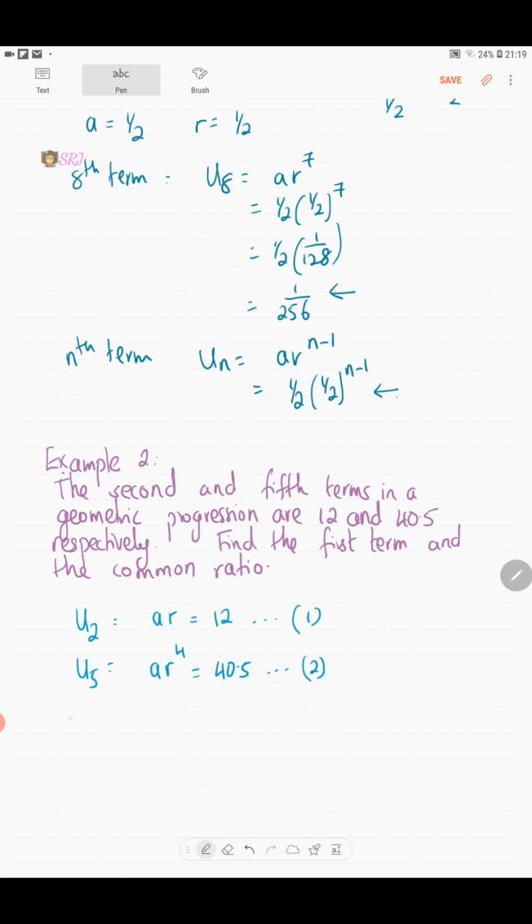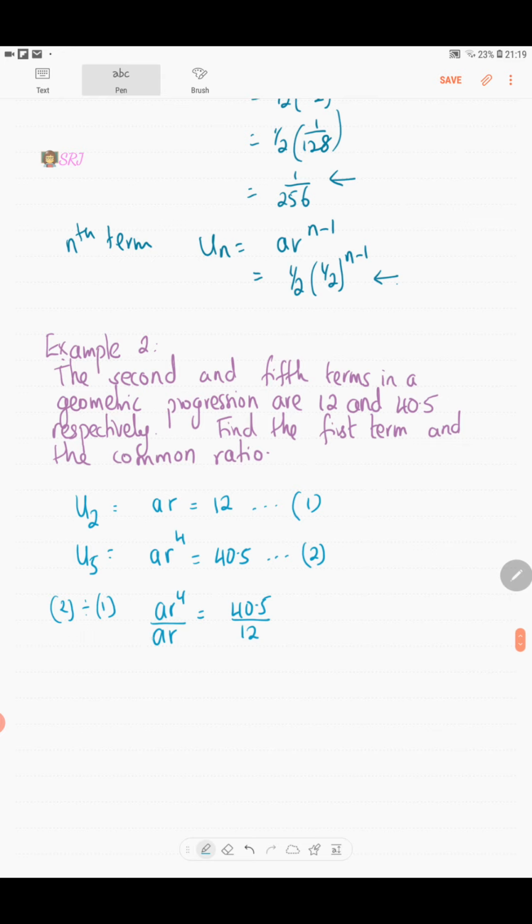So here we can take the second equation and divide by the first one. This gives ar^4 over ar, and here we have 40.5 over 12.